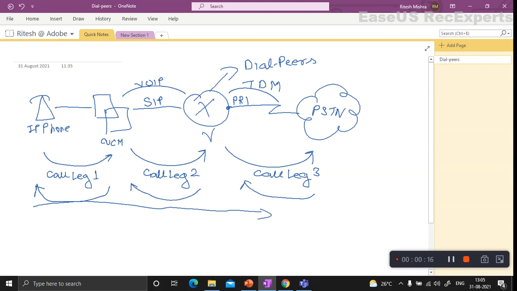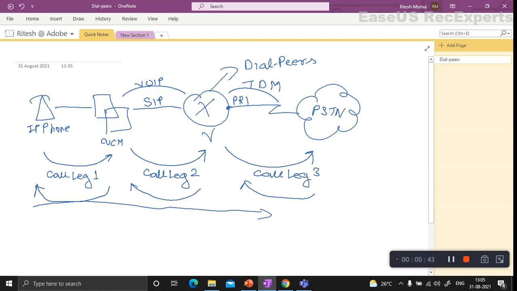RTP would always be between the phone and the voice gateway, and voice gateway and then the provider. This is the signaling I'm talking about. This will be a signaling leg. Okay. Now, this is called the call leg, a logical connection between various endpoints involved in the call flow.